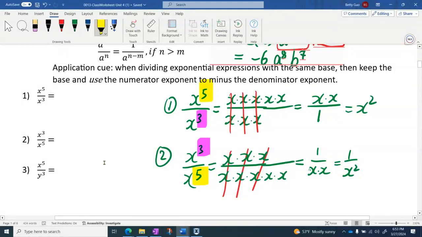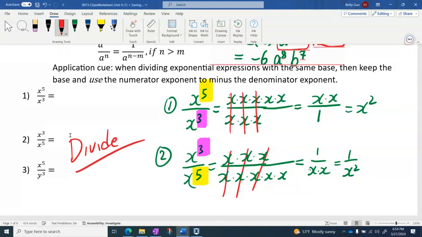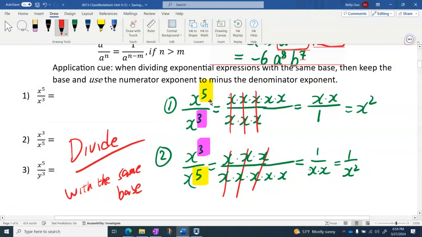So here is the rule. When we divide two exponential expressions with the same base, this is what we do. We make sure they do have the same base, and then we look at which part has a bigger exponent.